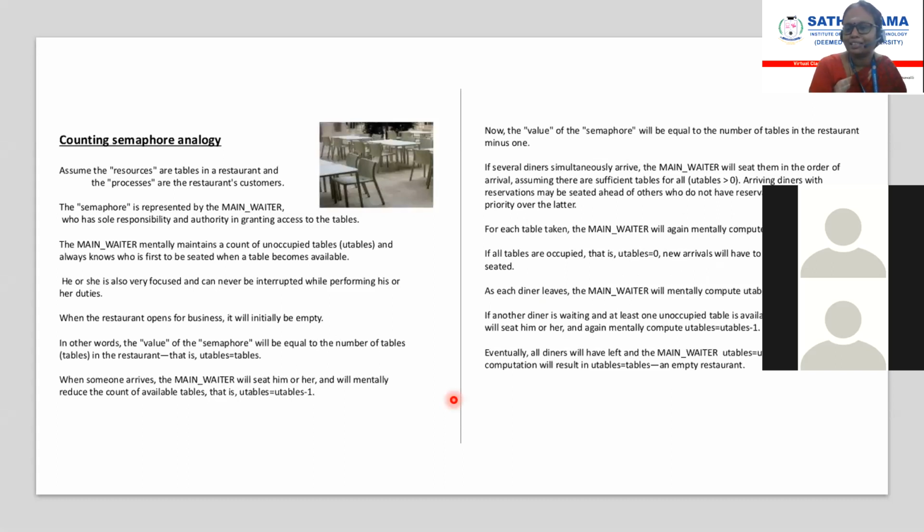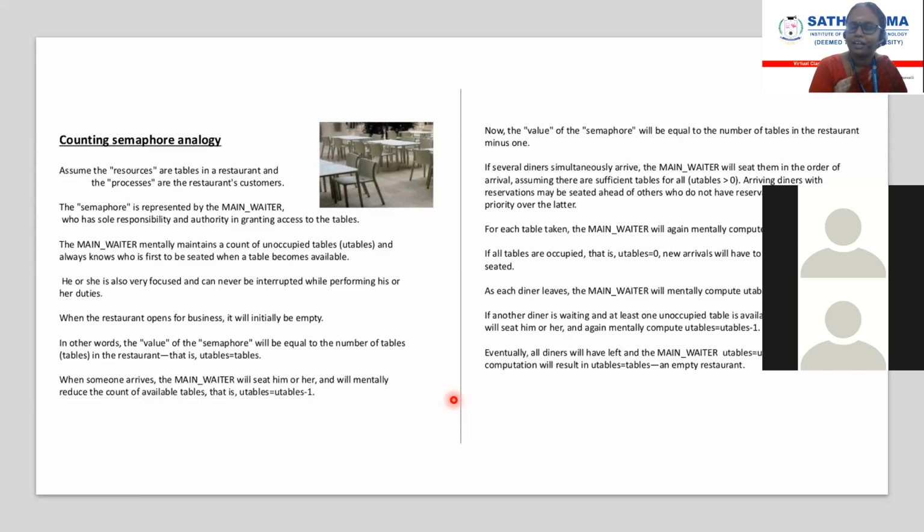I told you one best example, the restaurant and waiting table. A waiting table means a table available in the restaurant. When the restaurant opens in the morning, all the tables are vacant and none is occupied. Once it begins, people slowly come. Whenever people occupy a table, the waiter first keeps the water, which means that table is occupied and the waiter has to serve the food.